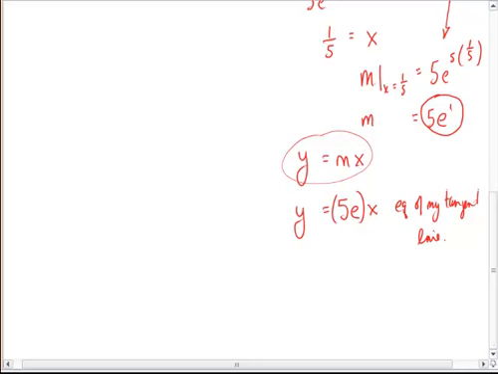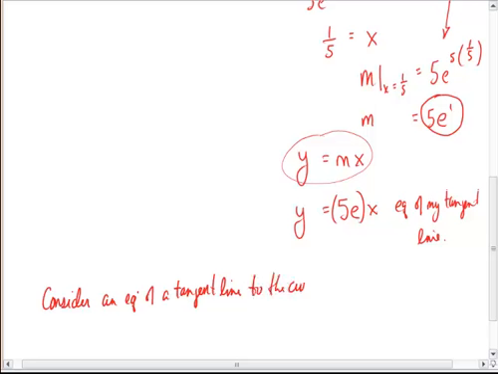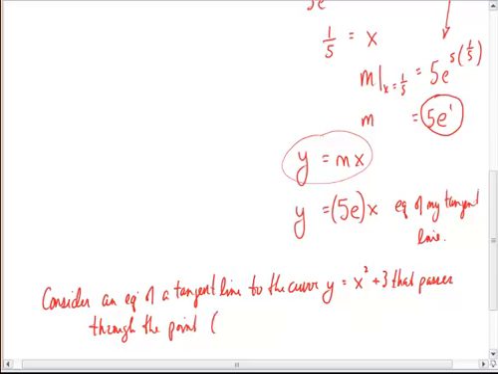Let's consider an equation of a tangent line to the curve y equals x squared plus 3 that passes through the point 0, 1.